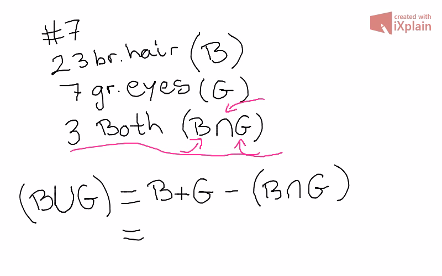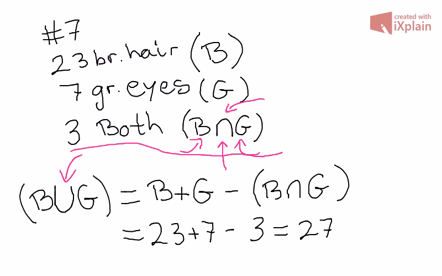So it says what is the probability that a randomly selected student either has brown hair or green eyes? So this symbol here is the AND symbol. They have brown hair and green eyes. And then this union symbol is just what we call the OR symbol. So they can have either brown hair or green eyes. They just have to have one. It doesn't matter.